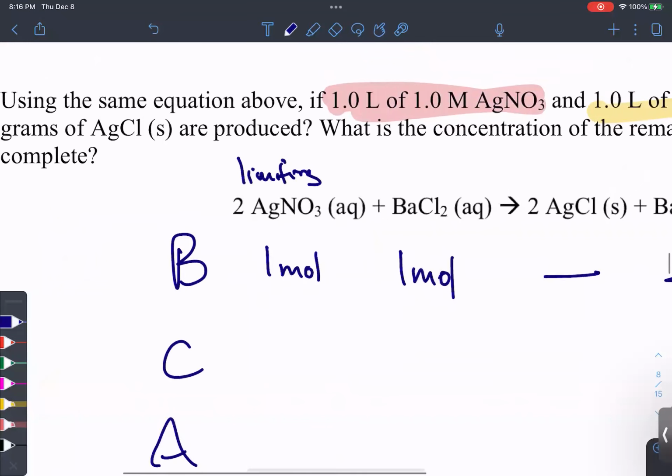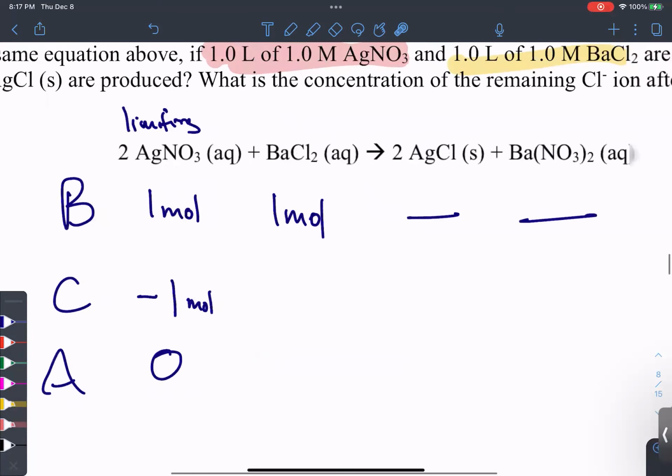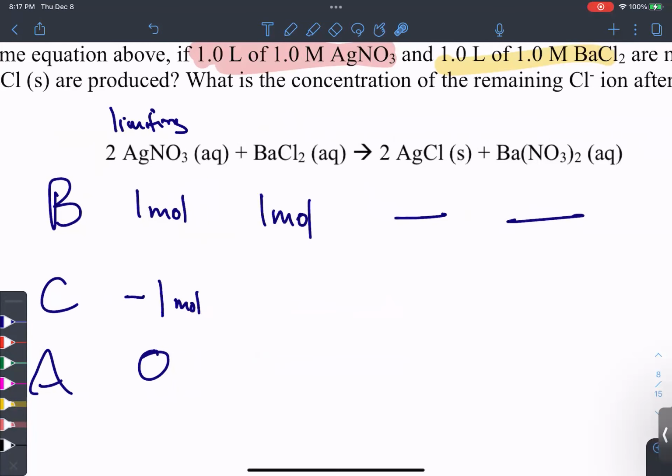If silver is limiting, we're going to use it all up, consume it all. So what number goes in the change line for silver? -1. We consume 1 mole. Remember, everything in the change line is dictated by stoichiometry.